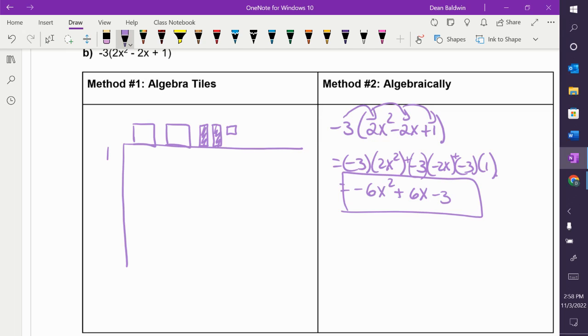Negative 3 is just, they'll be shaded and they should be tiny little box squares. So there's negative 3, there's 2x squared, negative 2x plus 1. Okay.